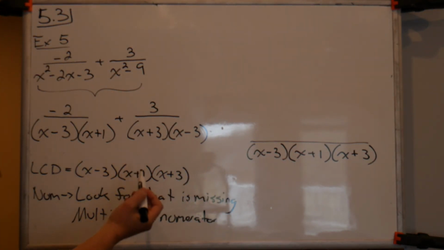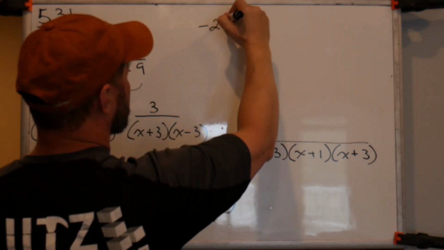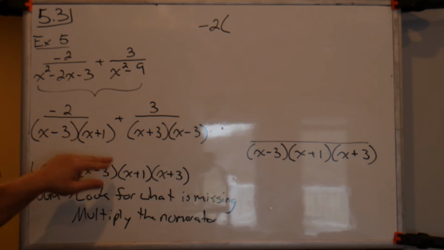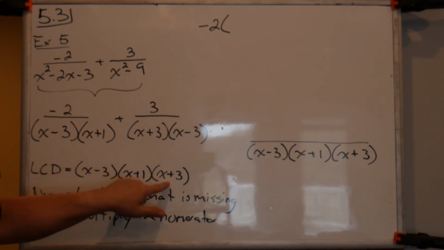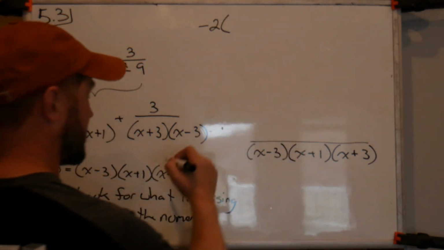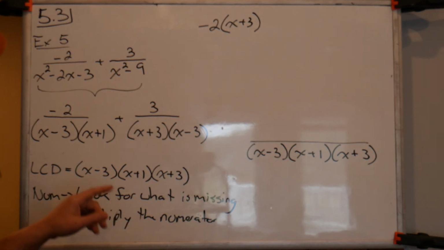So what I have is a negative 2 in my first numerator. And I need to look for what's missing from my denominator here and the LCD. I have an x plus 3 in my LCD. I don't have it here. So I have to multiply my x plus 3 by that piece.